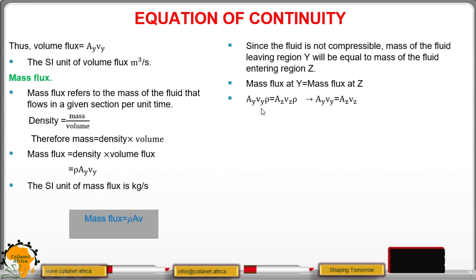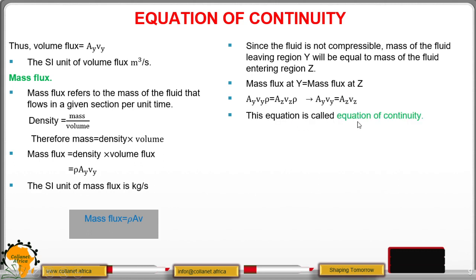We'll equate the two here. And as you can see, the density is constant because it is of the same liquid or gas. And therefore, the density will cancel out because it is constant. And therefore, we will remain with this equation now.